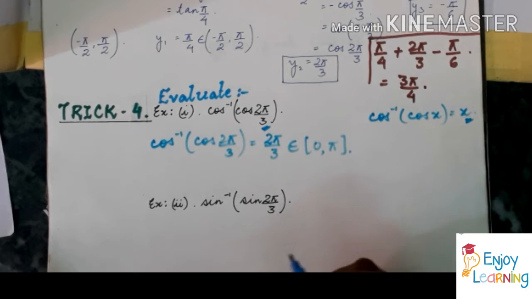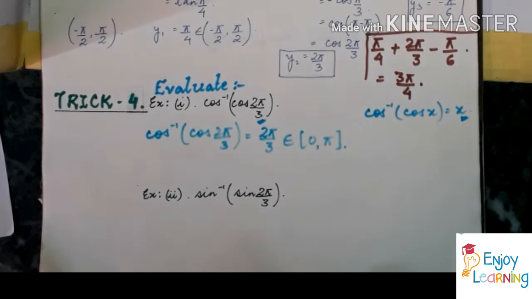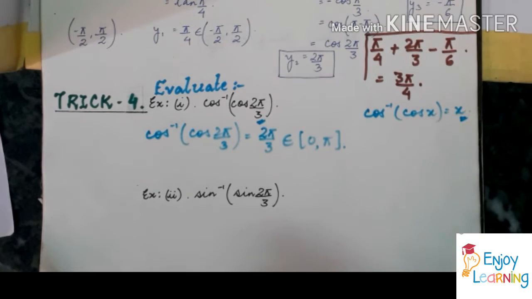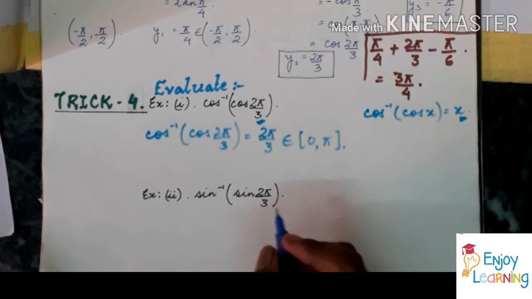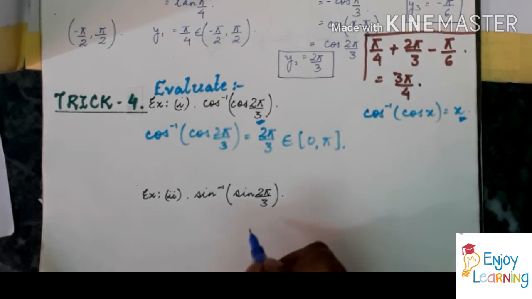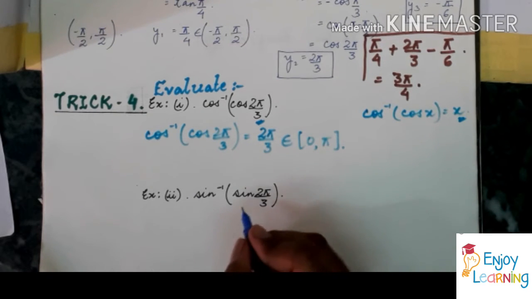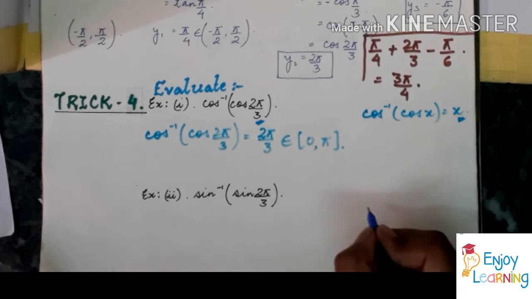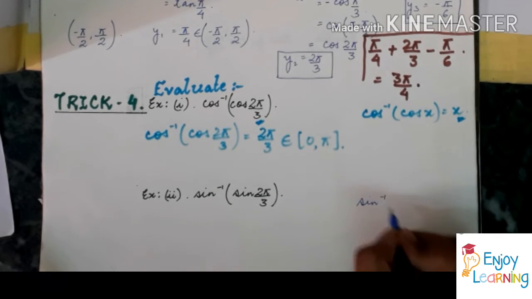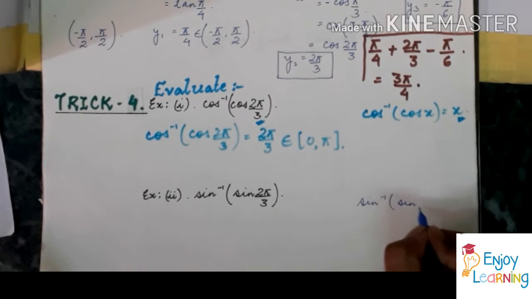Similarly, the second example is sine inverse sine 2 pi by 3. Here also, first you will check whether this angle 2 pi by 3 lies in the principal value branch of sine. So for sine, you have a similar property.